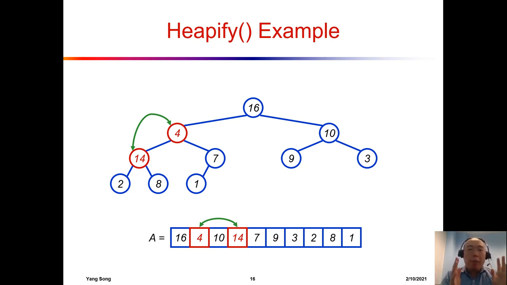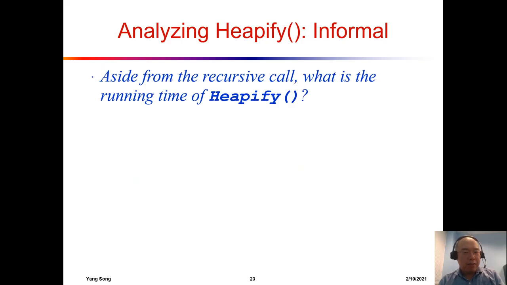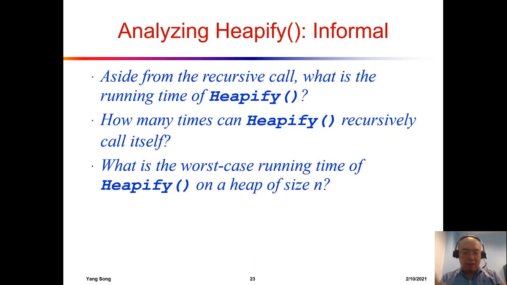And how many times are we repeating this linear algorithm of the heapify? We are repeating that for log n times. Okay, so this is the informal analysis of the heapify.